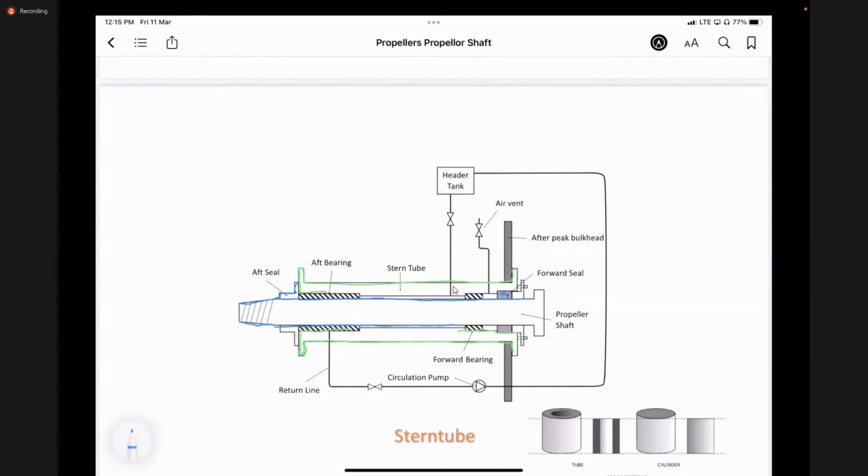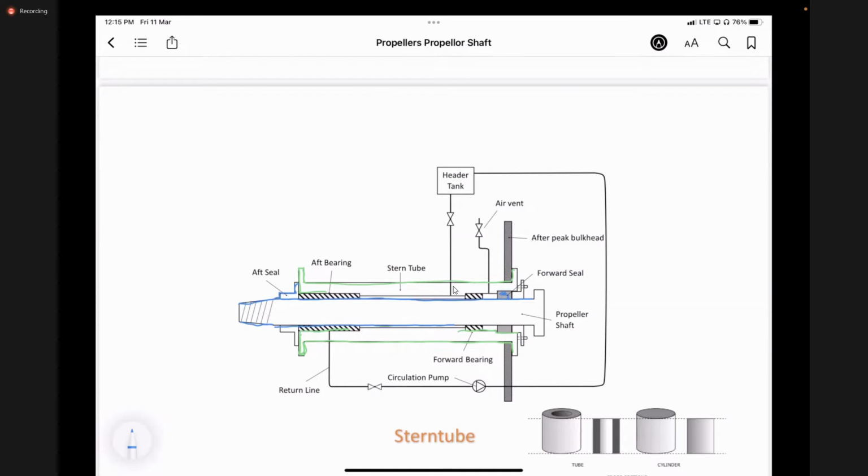Inside this, we will have a whole lot of mechanisms. We will have a cooling arrangement, because it is a very enclosed area, the motion of the shaft generates heat. So we have a stern tube cooling arrangement also. But those mechanisms are not important as of now.